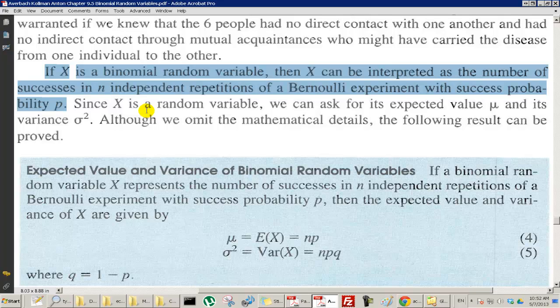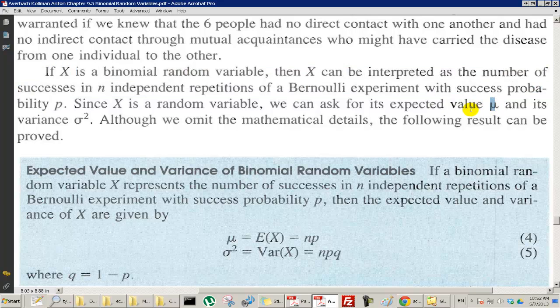Remember, we went through earlier sections of this chapter where we came up with formulas for the mean of a random variable, or expected value, which we denoted as mu, and the variance of a random variable, which we denoted as sigma squared. So since these are random variables, we can ask what are their means and what are their variances.